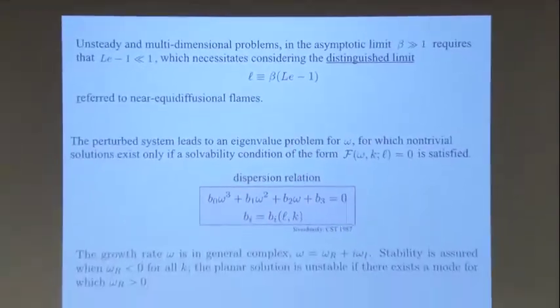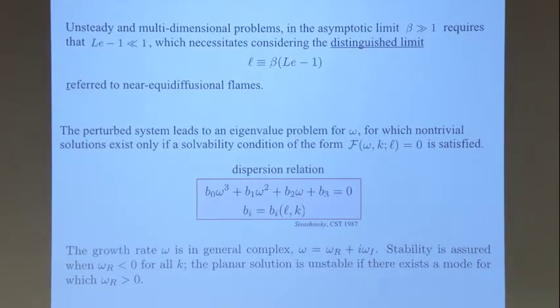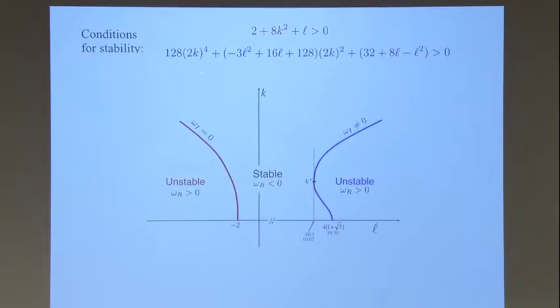Okay, so when we split this equation in real and imaginary form, it turned out that there are two places where the dispersion relation's real part is 0. One is the red curve, and one is the blue curve. The red curve satisfies this relation, and the blue curve this relation. They are both almost like a parabola, if you think of it in terms of k squared instead of k.